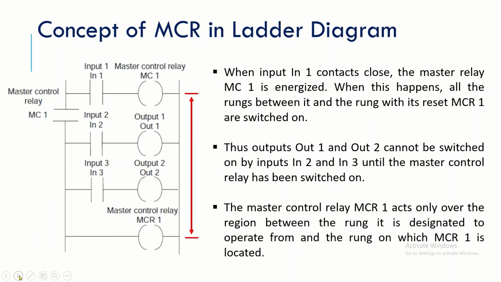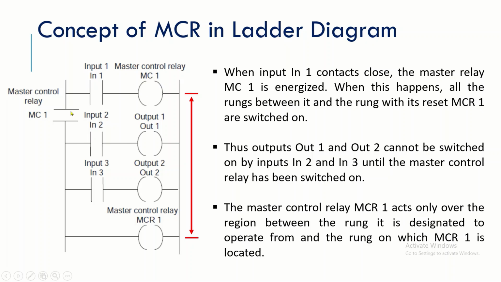Okay, fine. Now let us try to implement the concept of MCR in the ladder diagram. You see here, in this case, this is the master control relay. So this signifies the coil. Whenever input 1 is closed, this control relay is energized.